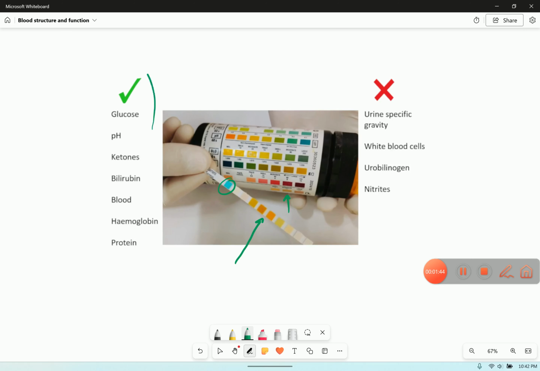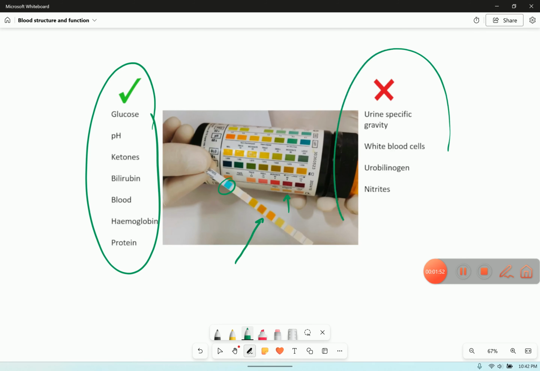Now, in this case, what they're saying is okay is the glucose, the pH, ketones, bilirubin, blood, hemoglobin, and protein. But what came back positive was urine-specific gravity, white blood cells, urobilinogen, and nitrites.